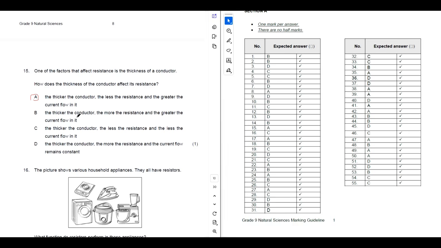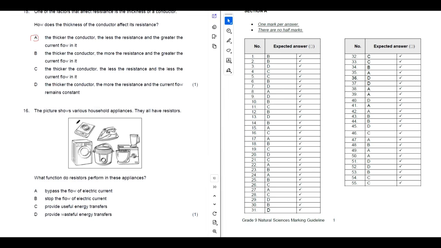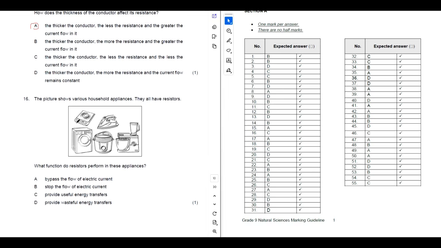Then next we will move to our next question, which is question 16. Question 16 says that the picture shows various household appliances, and they all have resistors.